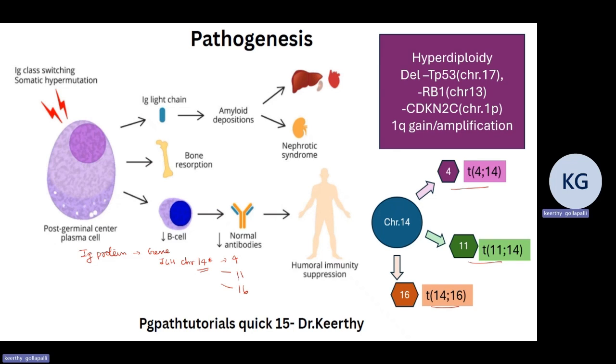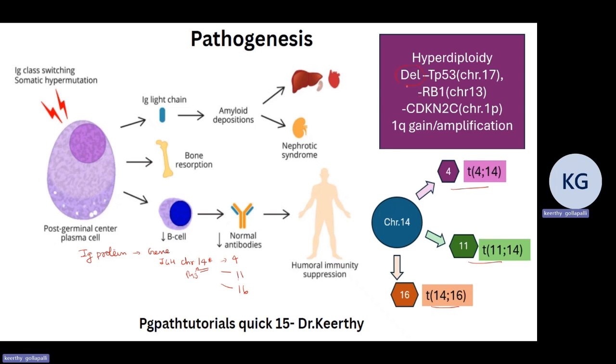Now, normally, whenever in any cell you get these mutations, translocation is a type of mutation. So what will happen? Your P53 will stop it, correct? And causes the DNA repair. If the cell won't repair, it will kill the cell by apoptosis. So what will happen in this malignancy is the cell is so intelligent.